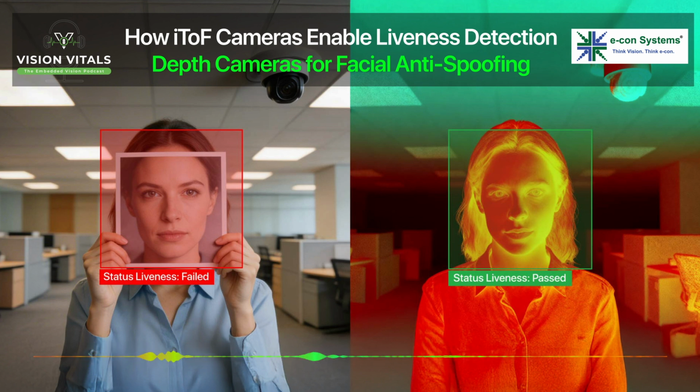Now I have to ask, where are people actually deploying this? Give me the real-world picture. Three main integration scenarios. First up, airport and border control biometric systems: automated border control gates, immigration kiosks, passenger verification systems. These environments require highly reliable facial authentication because the stakes are high.